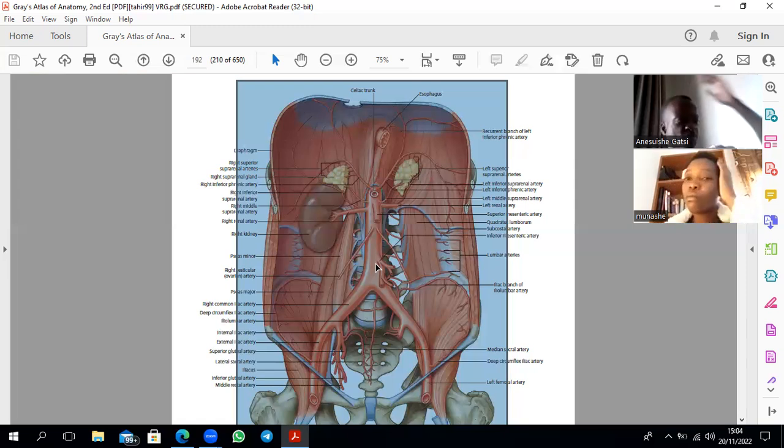So those 5, it may look like they're a lot, but they are not. There are 4 lumbar arteries. So you're left with 1 now. So you get 4 lumbar arteries and the 5th one, inferior phrenic.